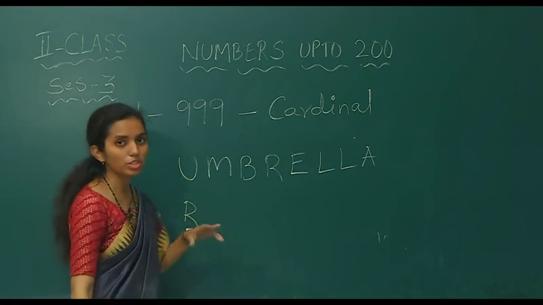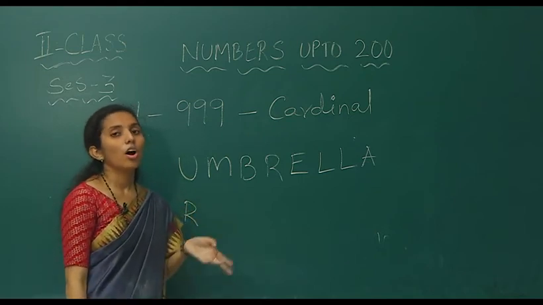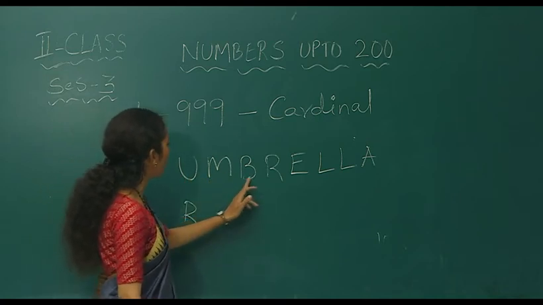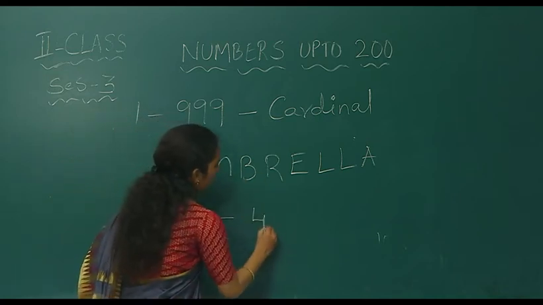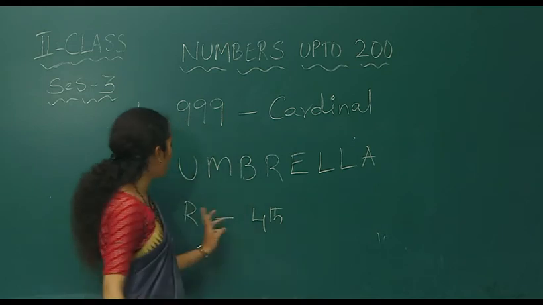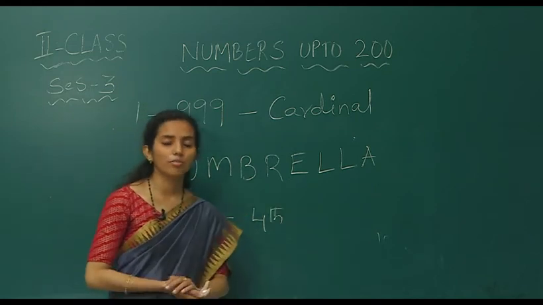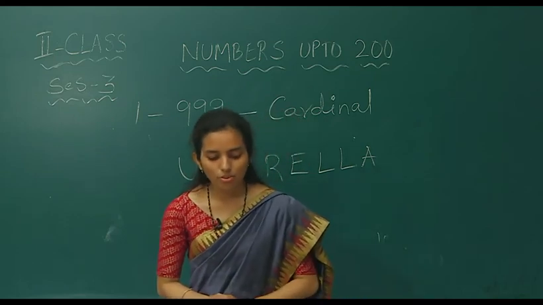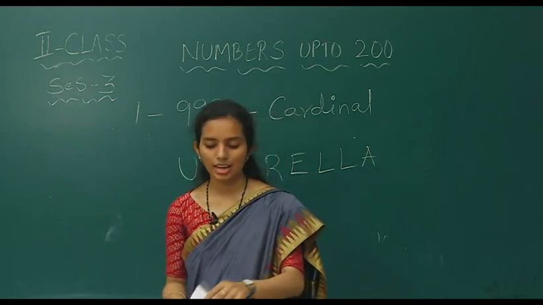How do we count the positions? We count in ordinal numbers, that is first, second, third, fourth. So, fourth is the position of R in the word umbrella. In the same way, xylophone, computer and galaxy.